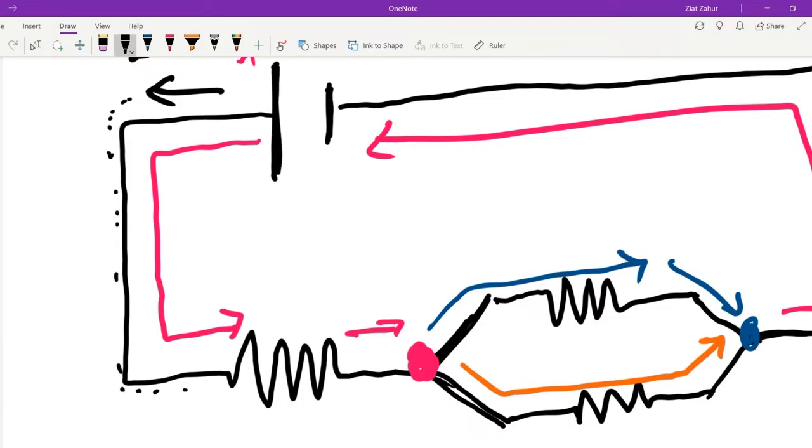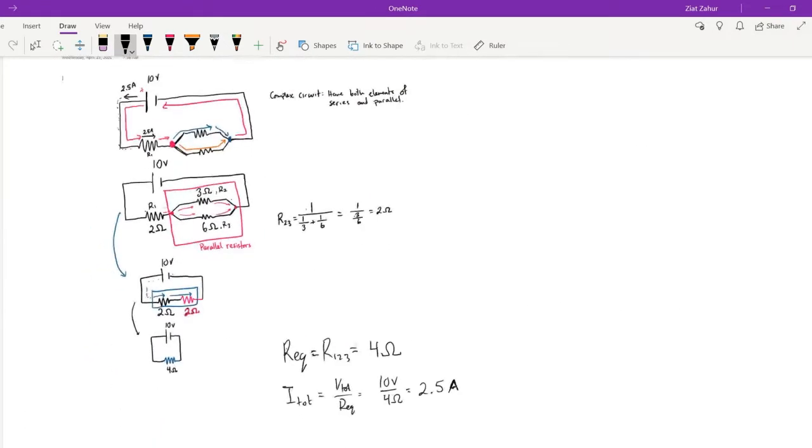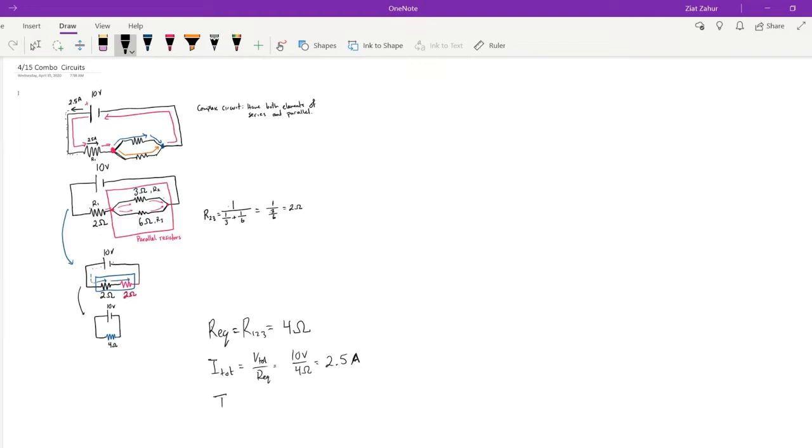Now the first encounter is resistor number 1, and since there are no other pathways for this current, all of that 2.5 must be going through resistor 1. So we could say that the current that goes through resistor 1, I1, is equal to the total current in our system, I total, which is 2.5 amps.